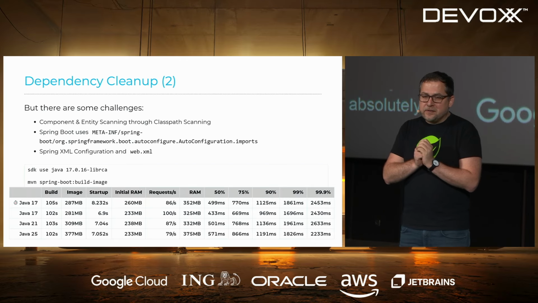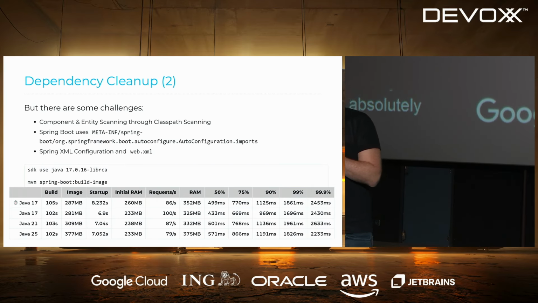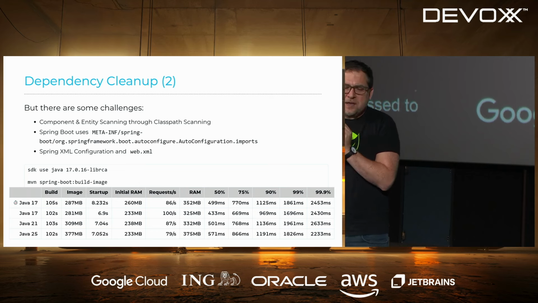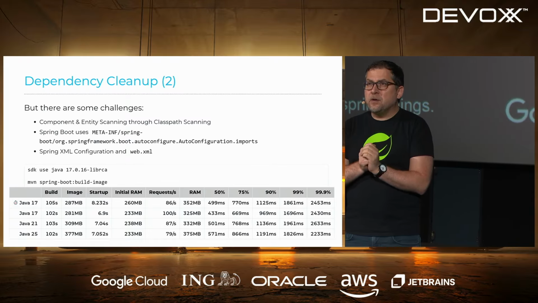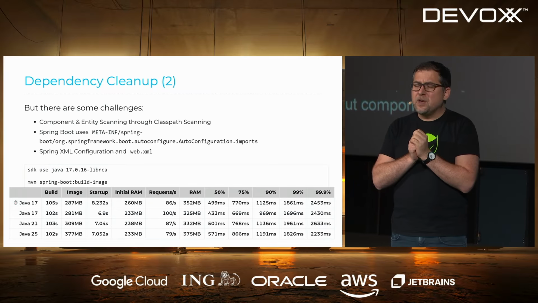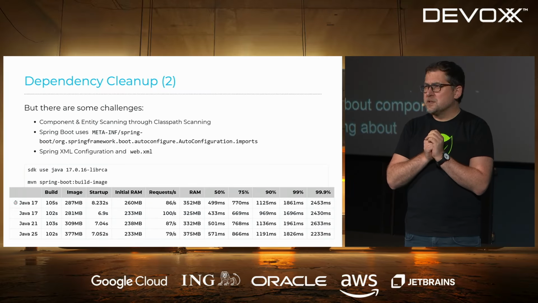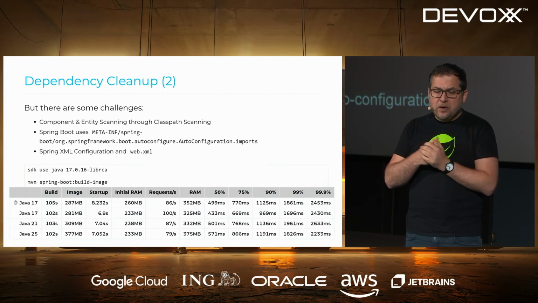I just realized regarding the DepClean plugin that I missed telling you something. Because I said before, it's not aware of Spring things. So the DepClean plugin does not know anything about component scanning, entity scanning. It does not know anything about auto configuration imports, the file which points to auto configurations within the auto configure module, so they can be loaded and so on.